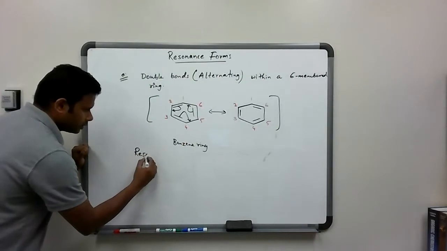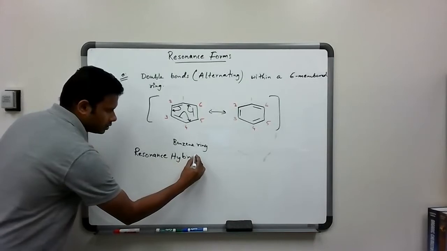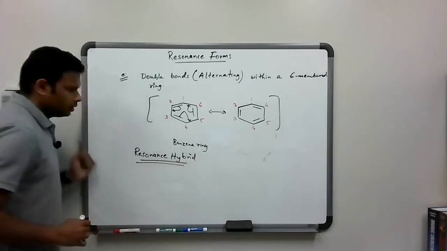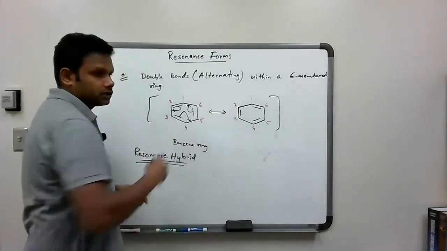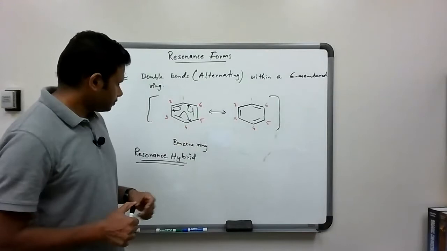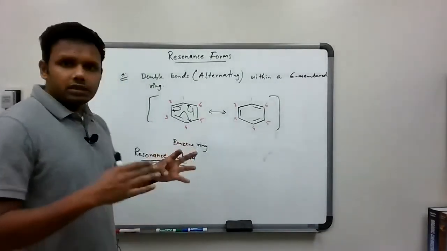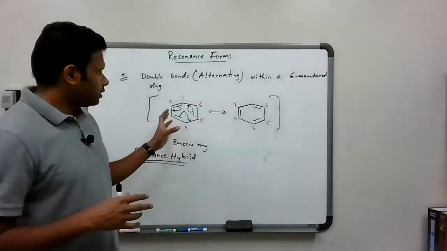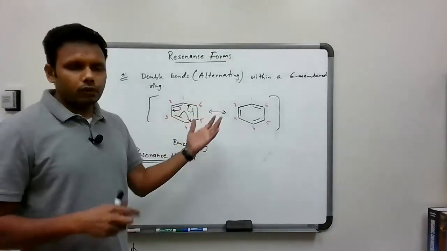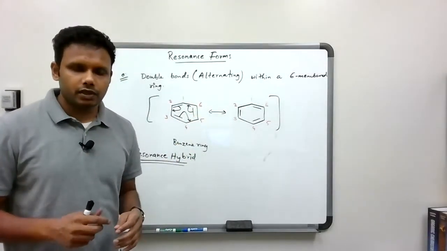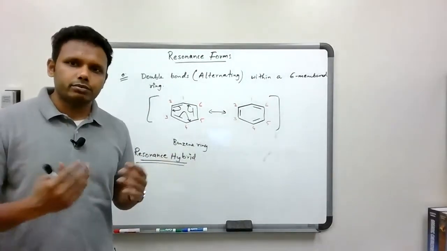This concept was mentioned in the introductory video, in the introductory example. We're going to talk about the resonance hybrid for these resonance forms. A resonance hybrid, if you recollect, captures the electron distribution or the bonding from all contributing resonance forms.